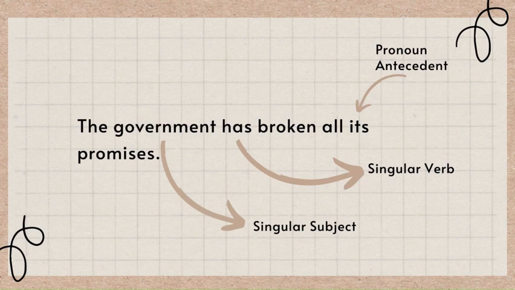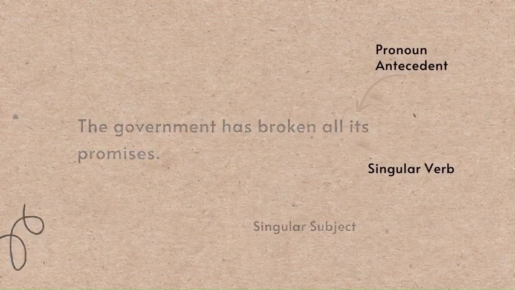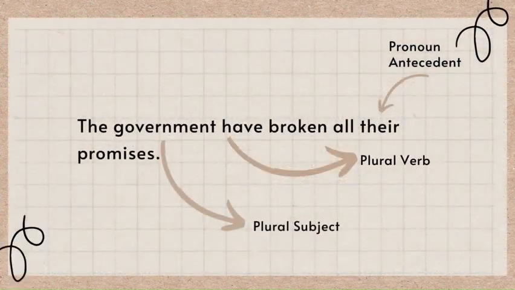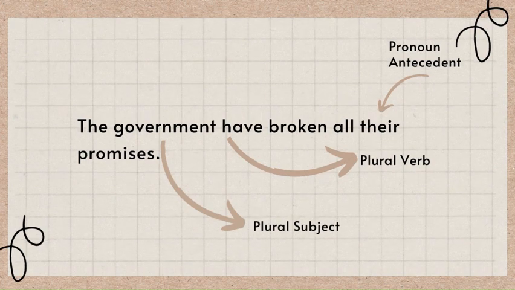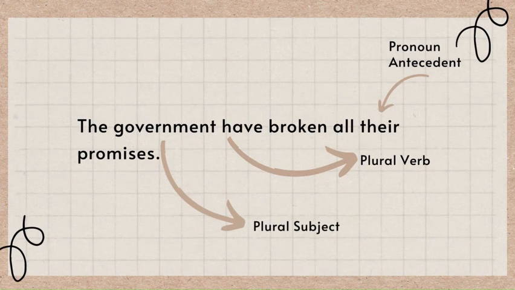However, in the second example, the government have broken all their promises. Because we are using the government as a plural subject, the pronoun should be their, meaning we are talking about a group of individuals coming together to form the government.